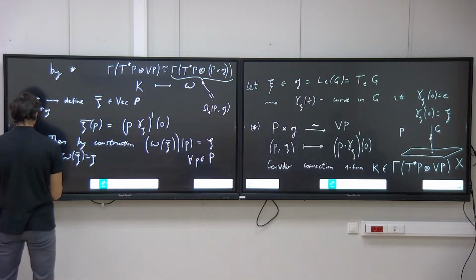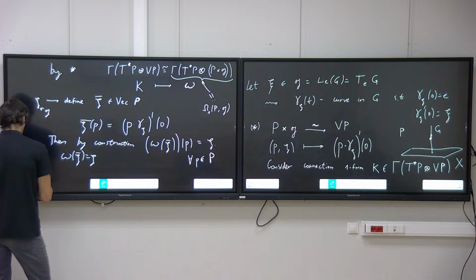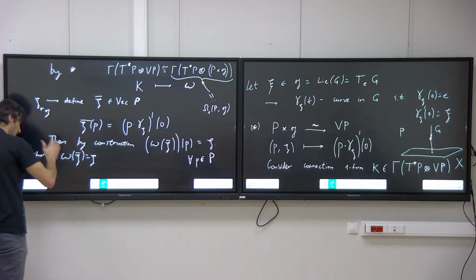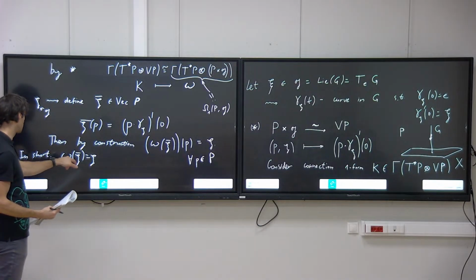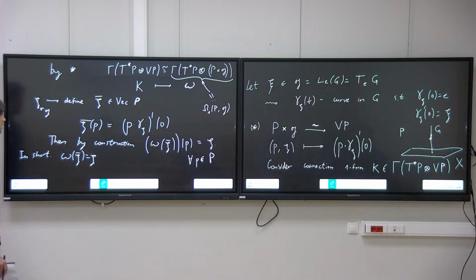In short, this is one property that I want to fix of omega. If I have such a vector field, then omega of psi bar is psi.